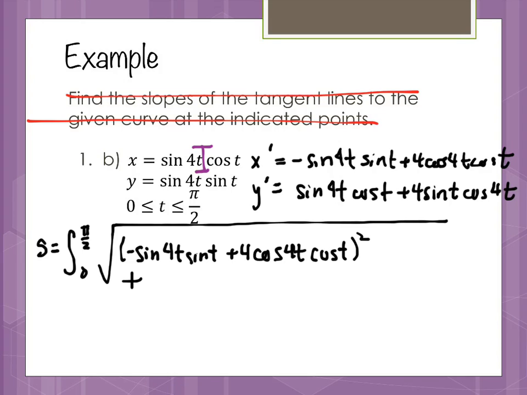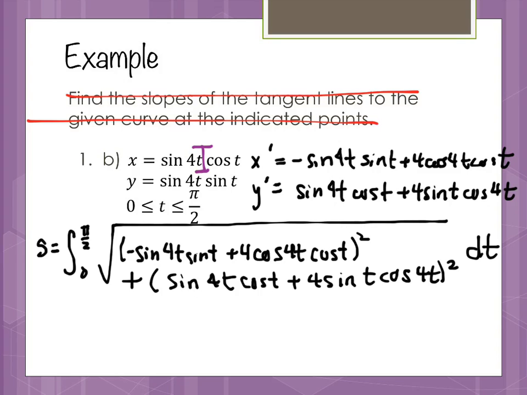And I know this is terrible notation, but I'm going to write it all underneath the square root like this because my screen's too short. I can write it across the paper, but I can't write it across the screen. And then I'm going to write the other piece, sine of 4t cosine t plus 4 sine t cosine 4t quantity squared dt.